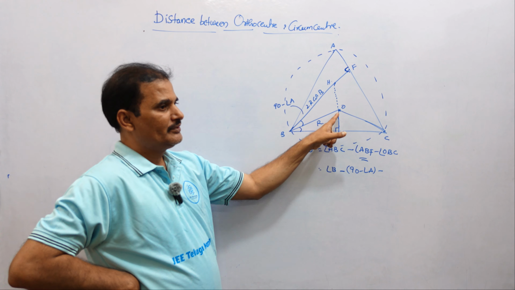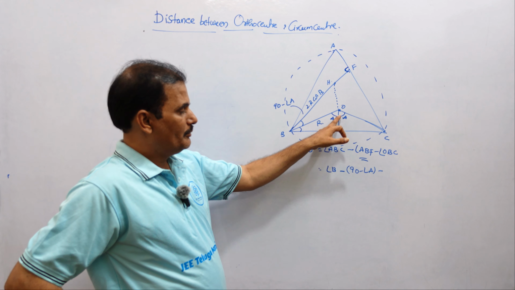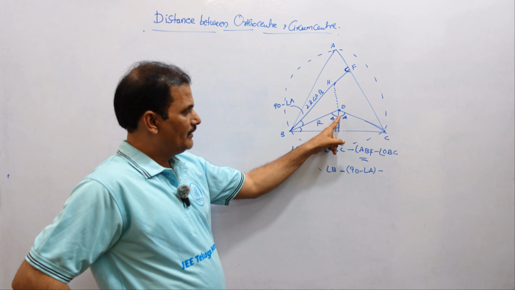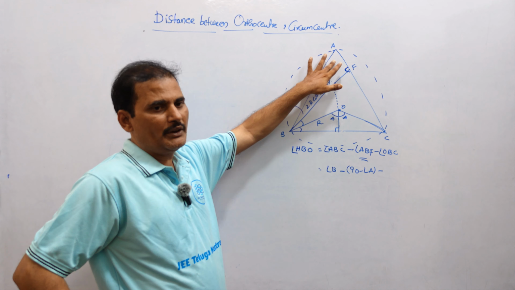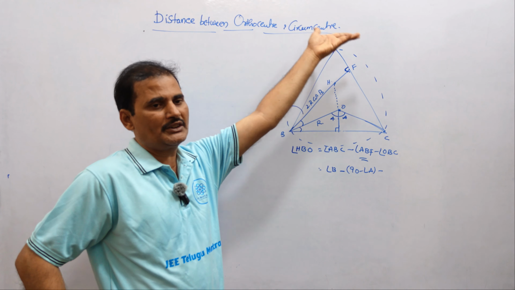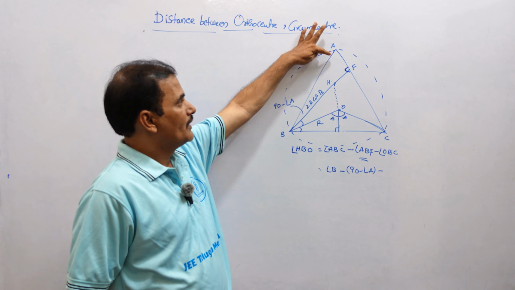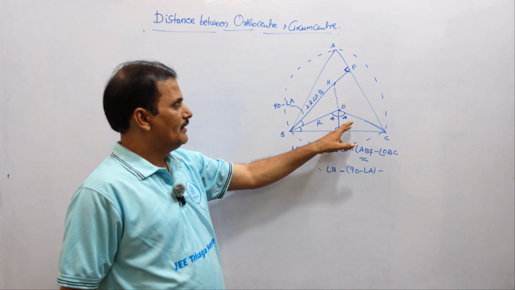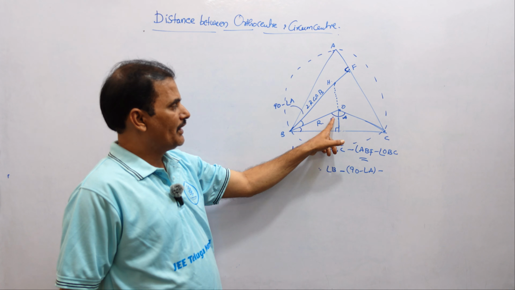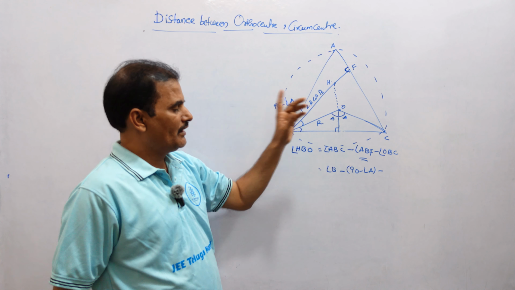Again I repeat, the angle made by the arc at the center is double the angle made by the same arc on the remaining part of the circle. Angle BOC is equal to 2 into A. This is 2A. This is the bisector for A and A. Now in this triangle you take it as here D, and this triangle BDO.